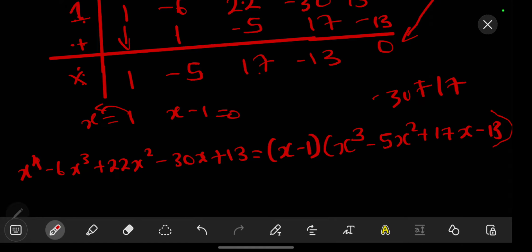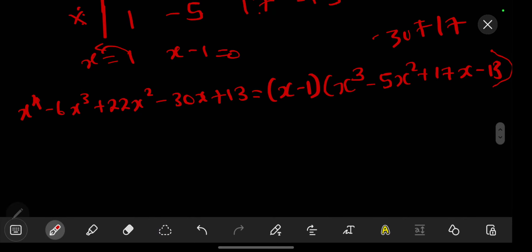Now, just because you have used 1, it doesn't mean you cannot use it again. No, you can use the same value, but the way it works is that when you use the value again, if it is not another factor, it will not work. Sometimes an equation might be factorized to say x plus 1 to the power 2.